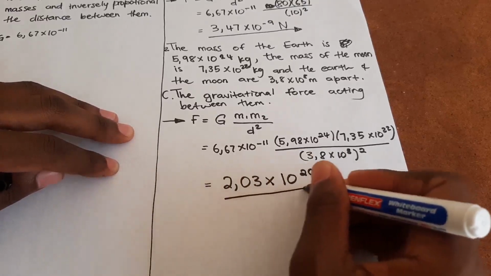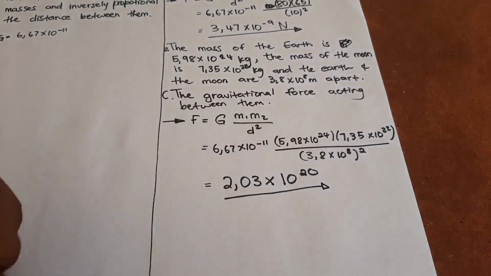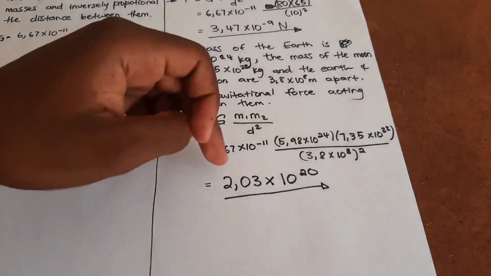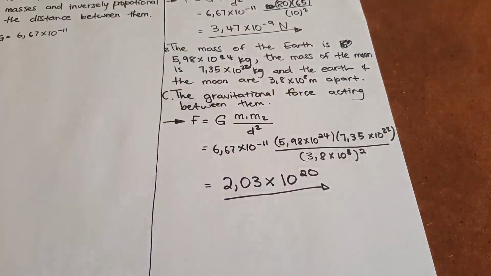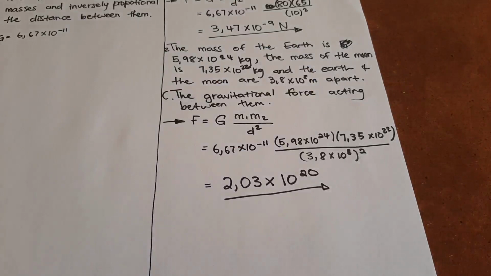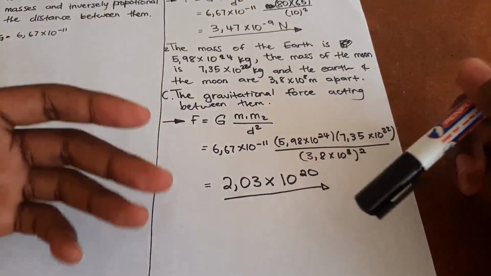You can see that 10 to the power of 20 is a very big number. When you multiply 2,03 by 10 to the power of 20, it's a huge number. So the force is not relatively small.